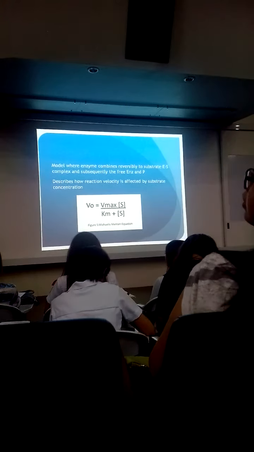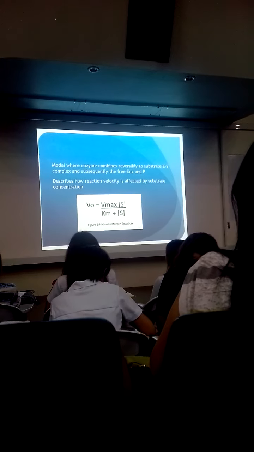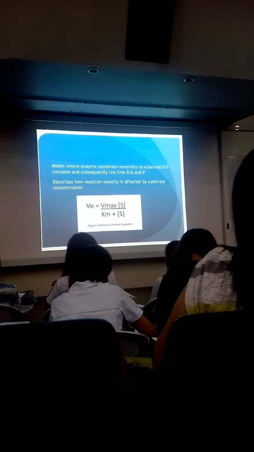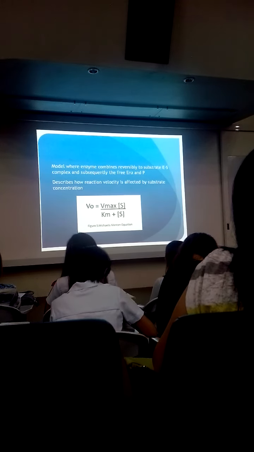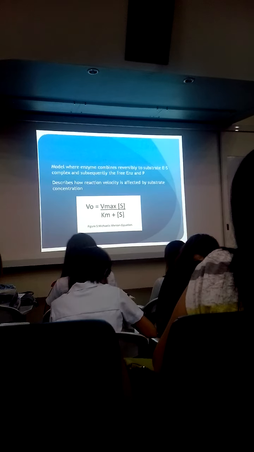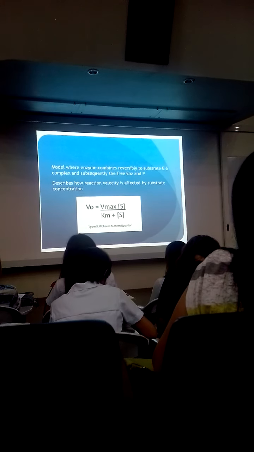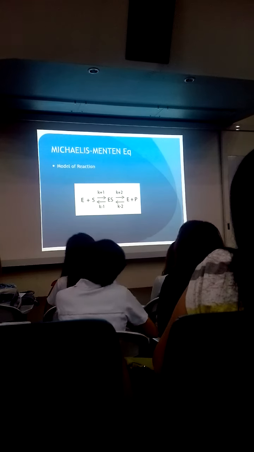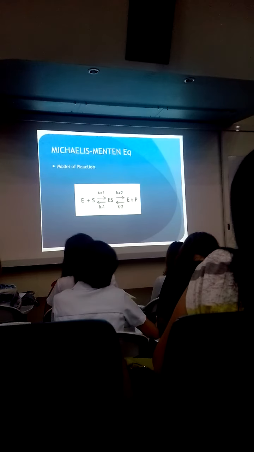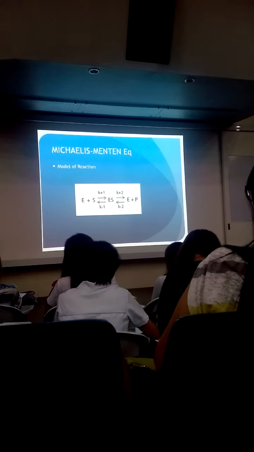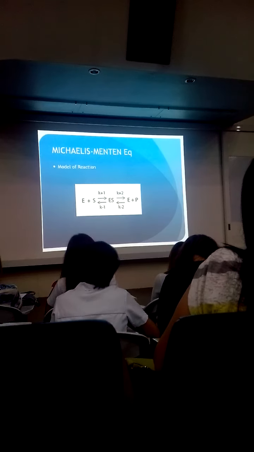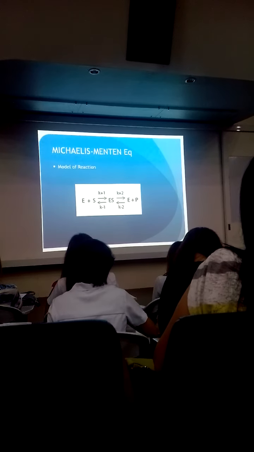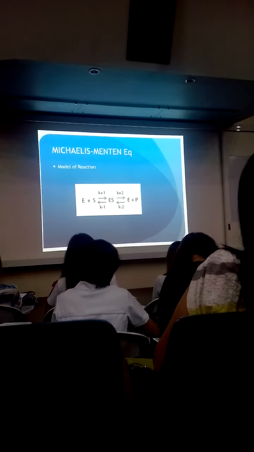Another way of looking at it is that Km is the ratio between your dissociation constants and your formation constant. So if you look into this model reaction, Km would be K minus 1 plus K2 over K1.